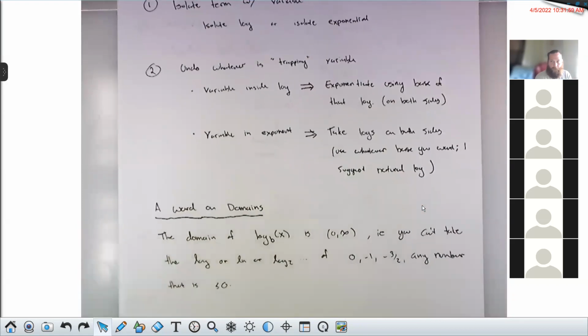You can only take the log of a positive number. Right? The domain of all logarithm functions is just 0 to infinity.